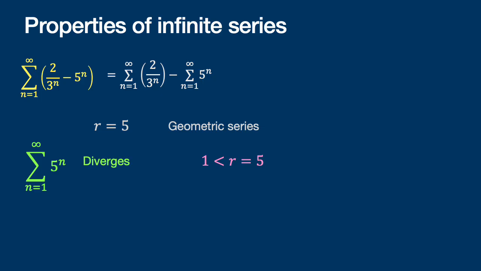This series is going to diverge, which means this whole series is going to diverge. It doesn't matter that one converges. If one infinite series diverges, the whole series is going to diverge.